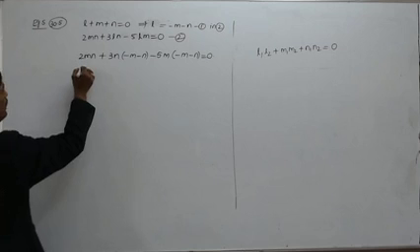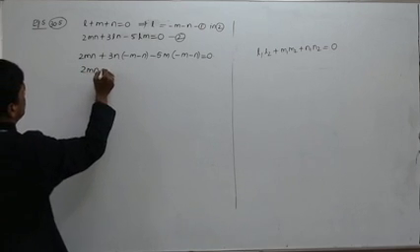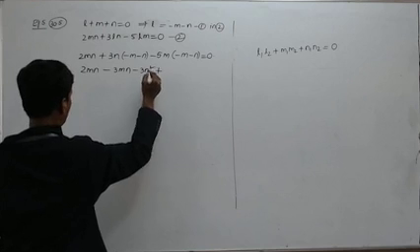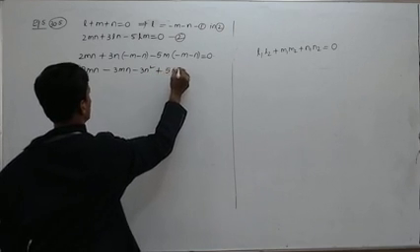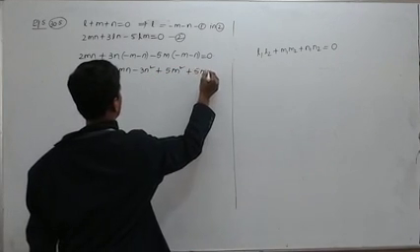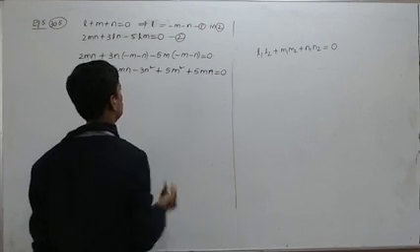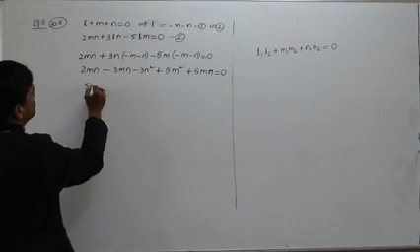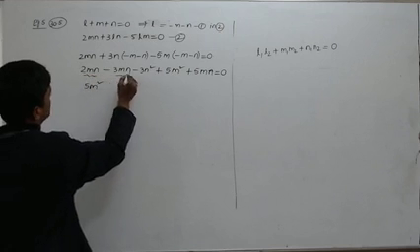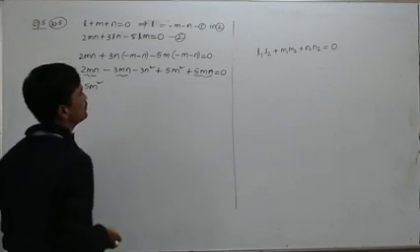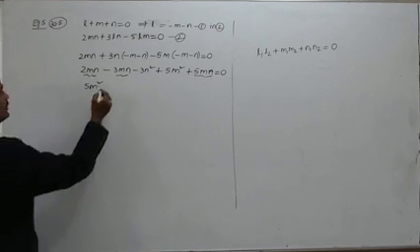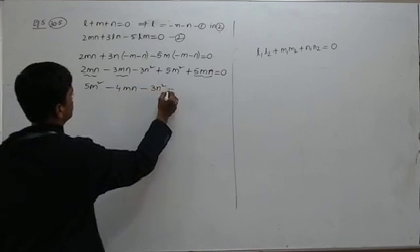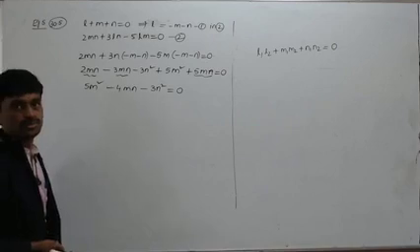So 2mn minus 3mn minus 3n square plus 5m square plus 5mn is equal to 0. So 5m square, 2mn minus 3mn plus 5mn: 2 plus 5, 7, 7 minus 3, 4. So 5m square plus 4mn minus 3n square is equal to 0.